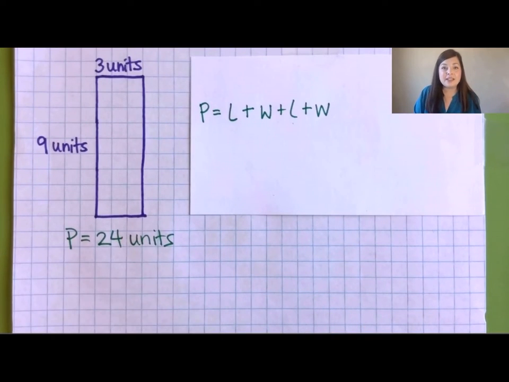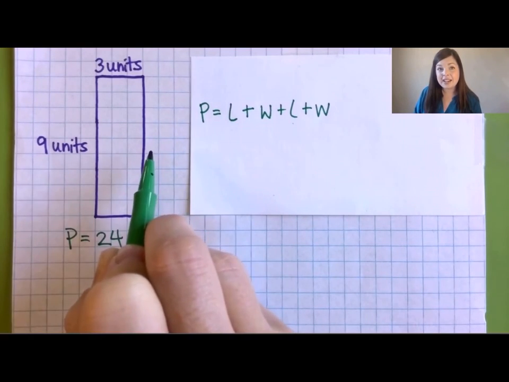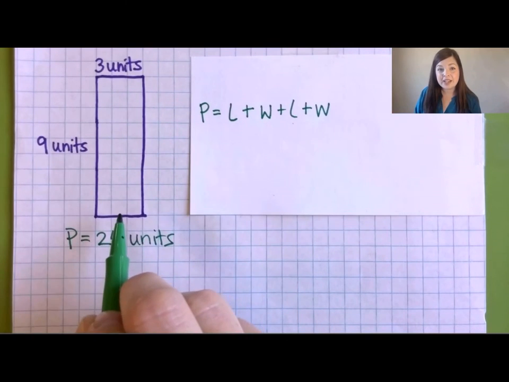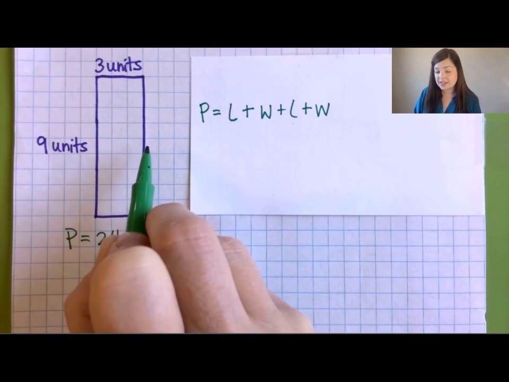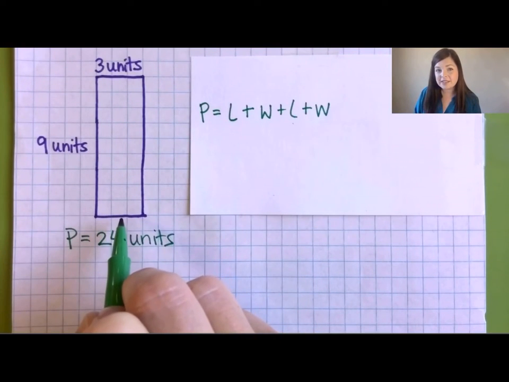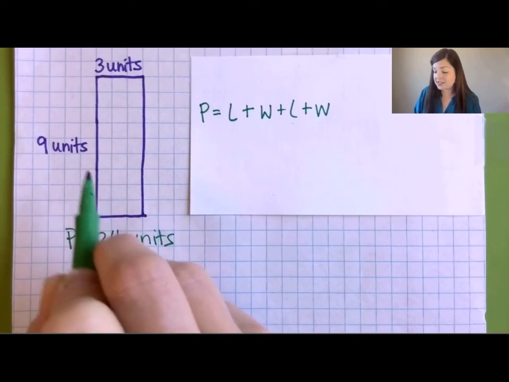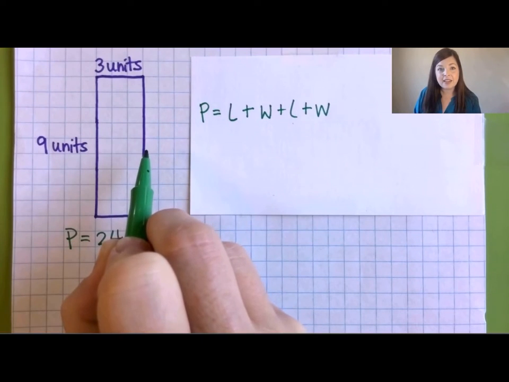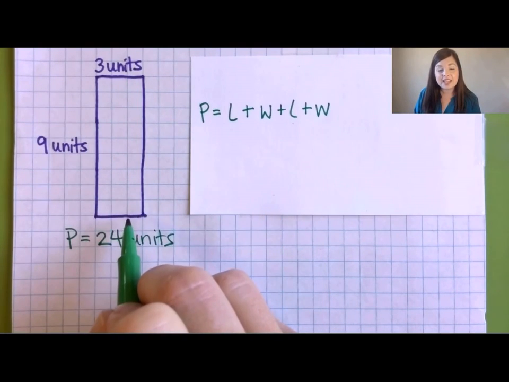Now, since we can add in any order, we could also add 9 plus 9 plus 3 plus 3. We can see that we have 2 lengths and 2 widths. That would be like doubling the length and doubling the width instead of adding all 4 sides together.